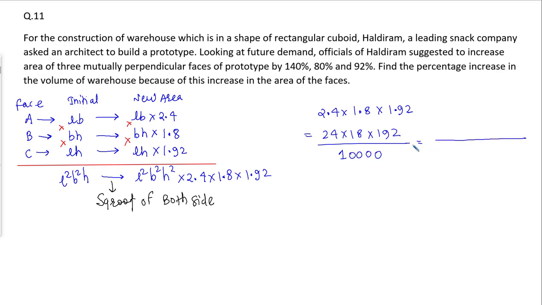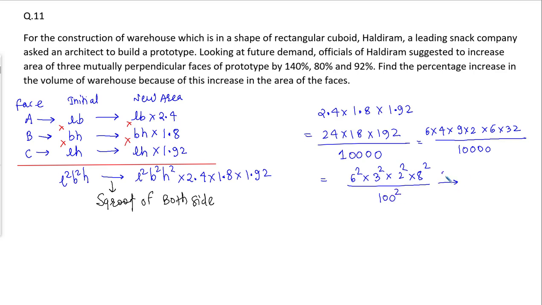Now look here, 24 is nothing but 6 into 4. 18 is nothing but 6 into 3, or you can write 18 as 9 into 2. 192 is nothing but 6 into 32, divided by 10,000. So we can write the numerator as 6 square, 9 is 3 square, 4 is 2 square, 2 into 32 is 64, and 64 is 8 square. Divided by 10,000, which is 100 square.